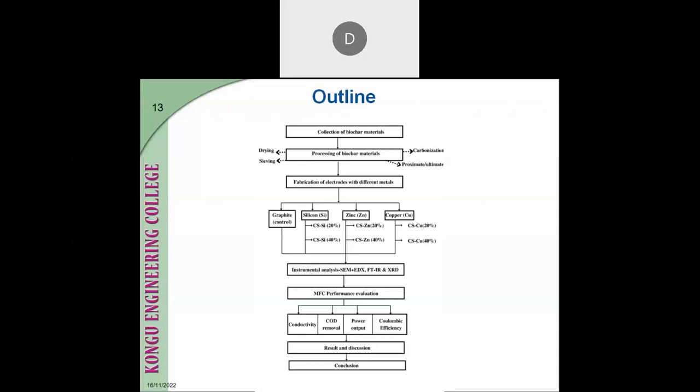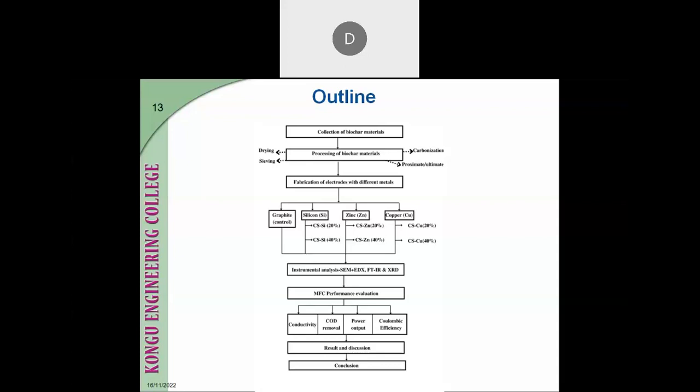And next, after silicon and zinc, we have mixed copper with the coconut shell. Here also we have mixed copper at 20 percent and 40 percent. Then once the electrodes are synthesized, as I told, we cannot apply them immediately.